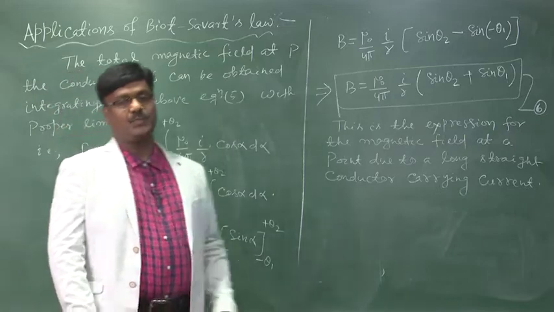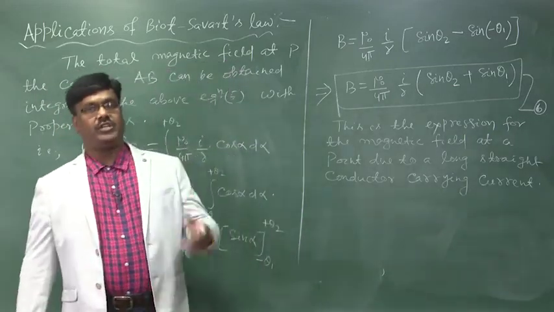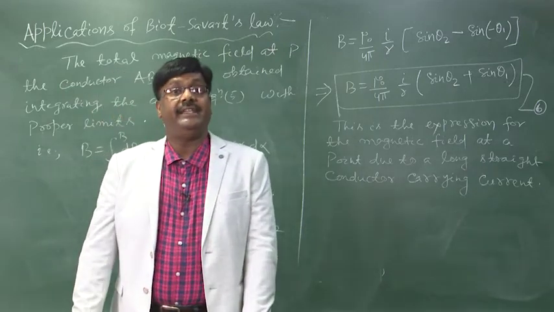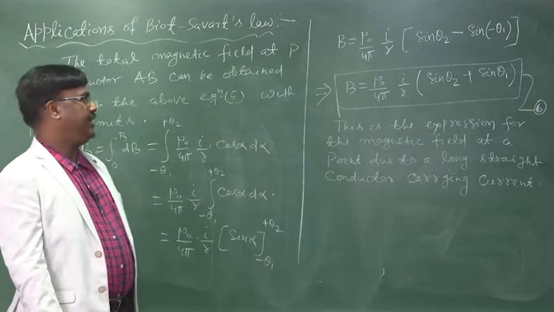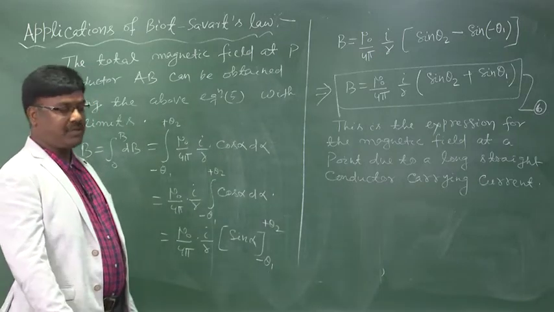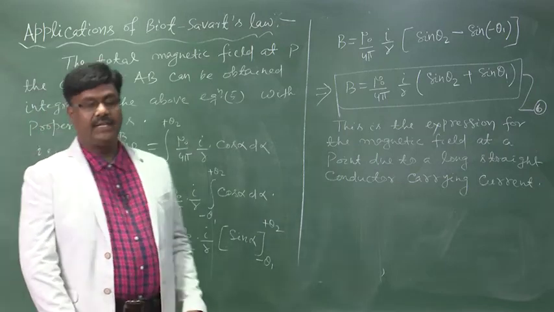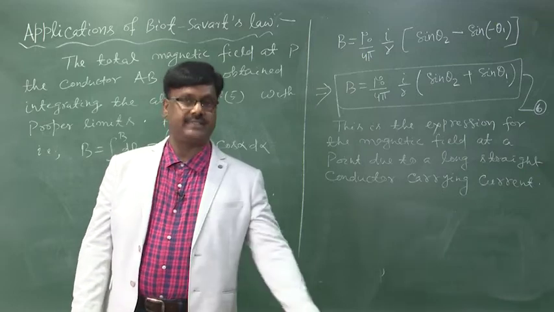Here there are some special cases. If we consider the conductor to be of infinite length, then what will happen to the strength of magnetic field at the point of observation? Let us discuss the special cases.